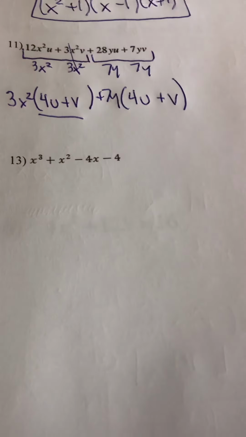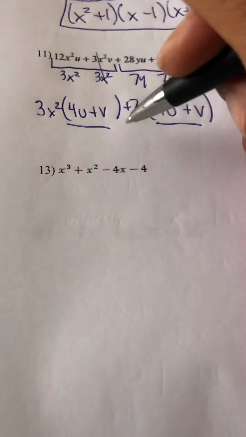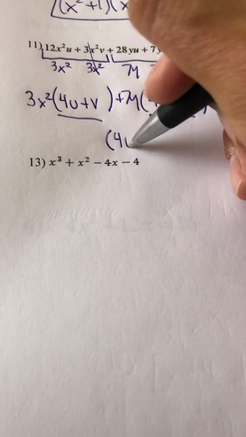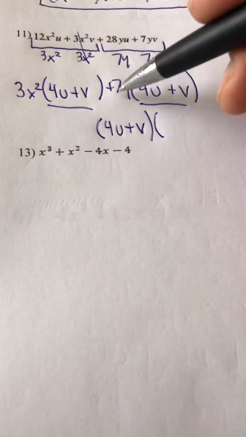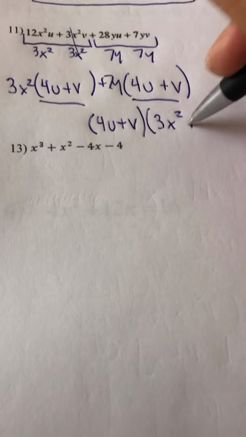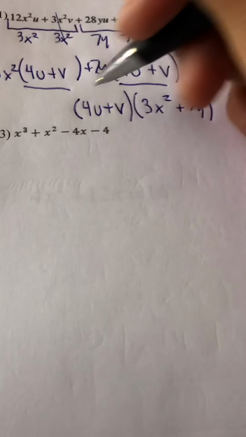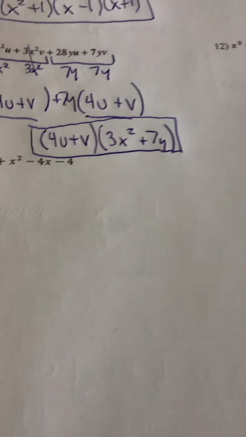Those are the same. So because those are the same, I know I've done this correct. I'm going to group those two. So I have 4u plus v. And then I'm going to group these two individual terms to make another binomial. So I have 3x squared plus 7y. So that right there, once again, is factoring with grouping with four terms.